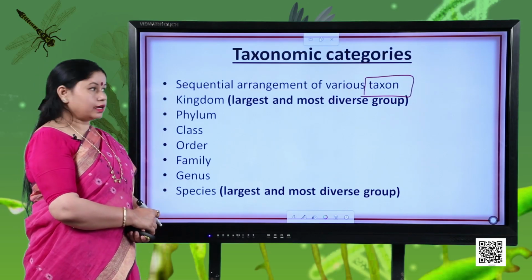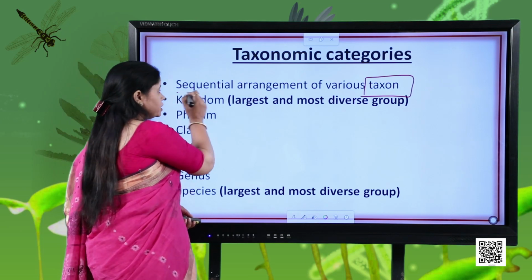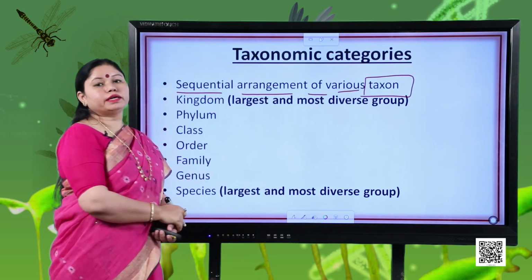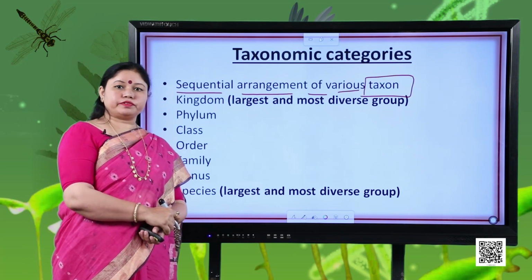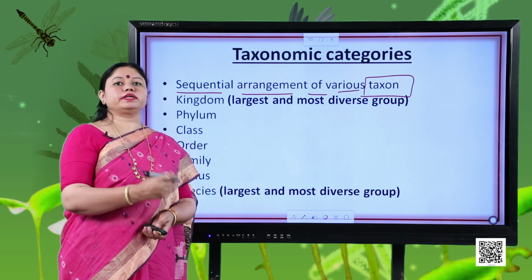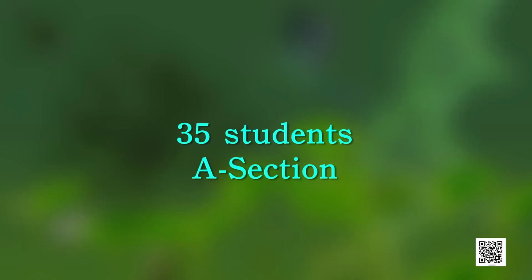Taxonomic categories are actually a sequential arrangement of various taxons. What are taxons? Taxon refers to a category or rank. Let us understand this with an example. Suppose there are 35 students in a section.